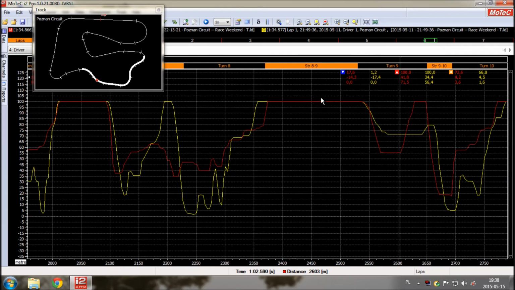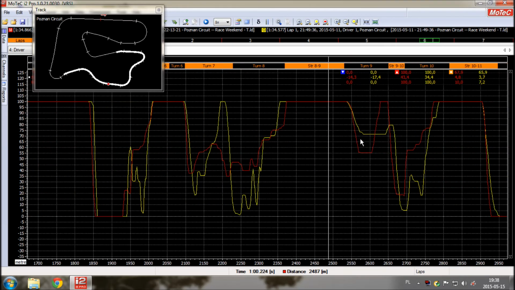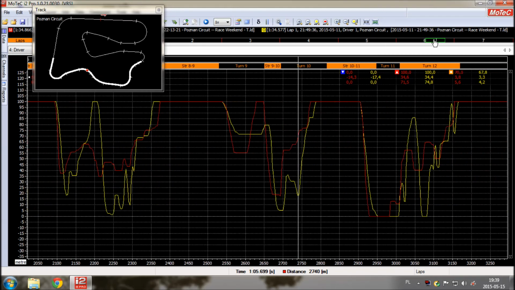Okay, so let's move on. And then we have this place right here, and again we can see that exiting the corner there are no dips, right? Comparing to the yellow graphic.